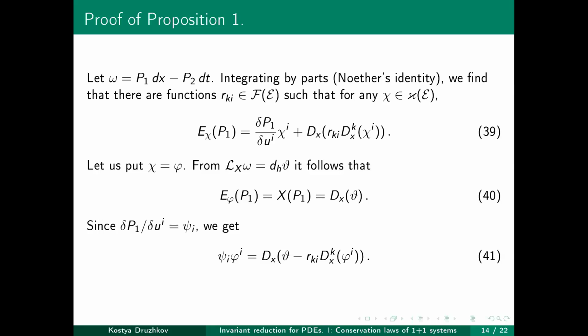Then from this main formula, it follows that we have relation 40. Since we replace P with phi, our left-hand side becomes the x derivative of the function theta. Since these variational derivatives, components P1, are simply components of the corresponding cosymmetry, we get relation 41 eventually. And this is the relation that we use in proposition 1, that arises in proposition 1.